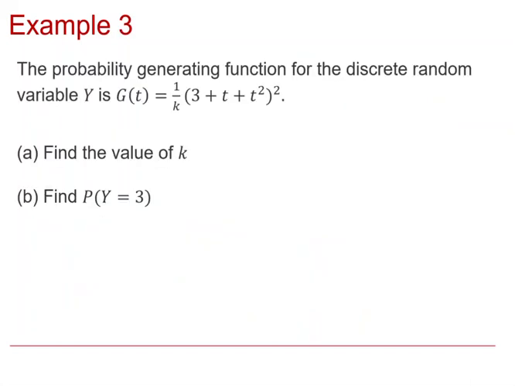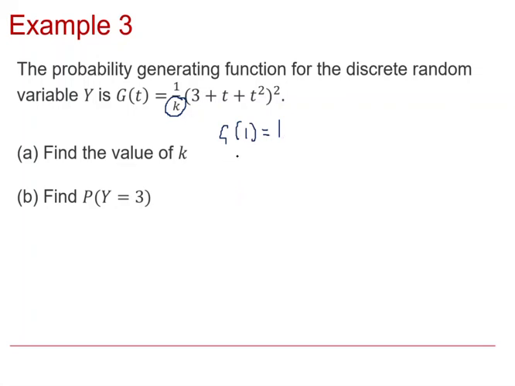So for example 3, this is slightly different. We have a generating function for a random variable y that has an unknown constant k in it. And the first thing we're required to do is find the value of k. And in order to do that, we need to recall the fact that the generating function with t equals 1 always equals 1.